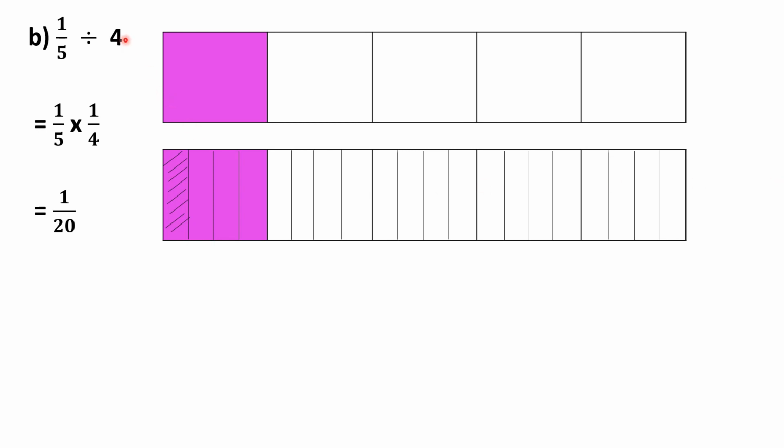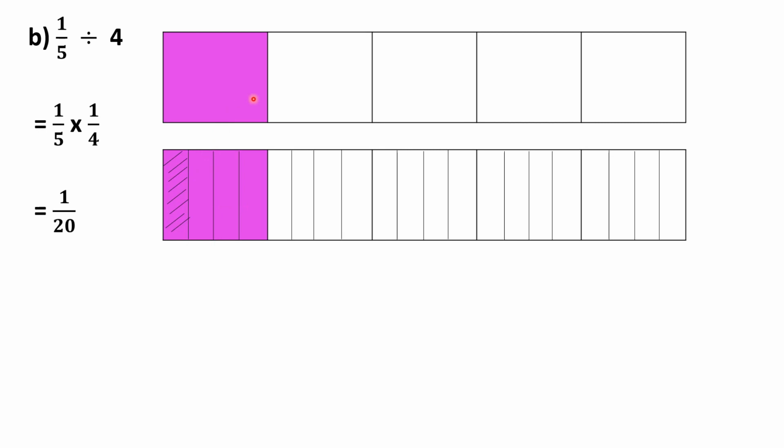When we change this into the reciprocal, we get a multiplication sign and 1 by 4. So 1 means we are taking one part out of these 4 parts in one box, and we are shading this. Now what we are doing? We are multiplying both of these boxes.